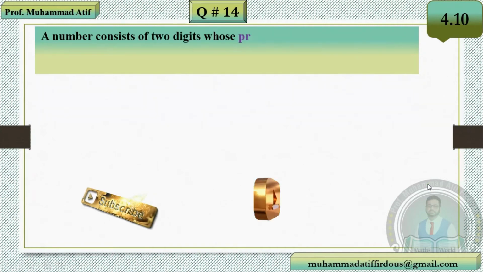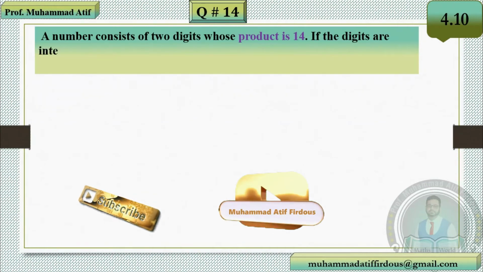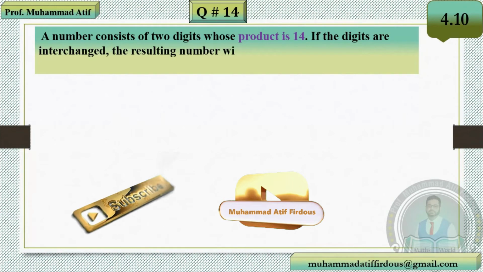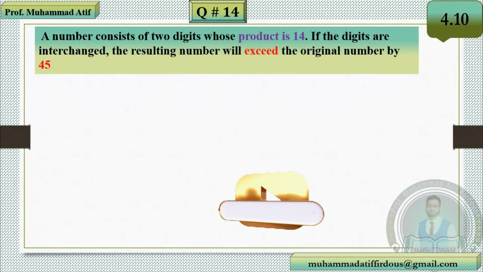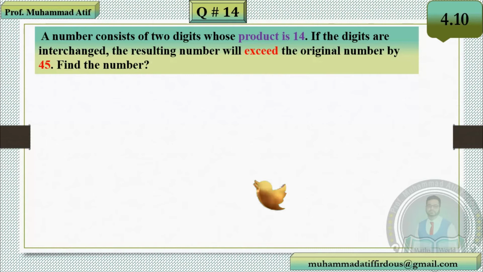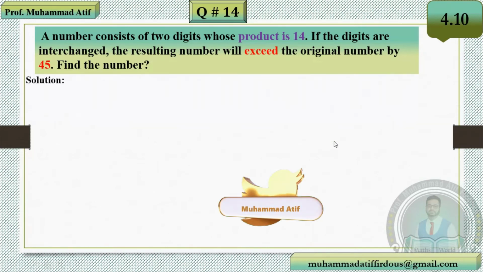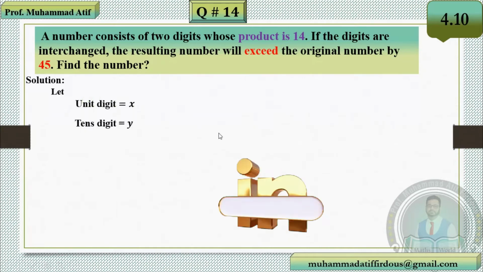A number consists of two digits whose product is 14. If the digits are interchanged, then the resulting number will exceed the original number by 45. You have to find the number. Same question, same type. First we suppose that the unit digit is equal to x and the tens digit is equal to y. Any problem?